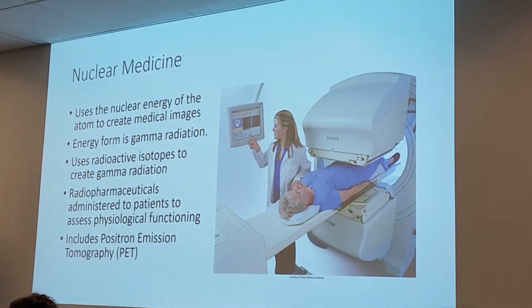And then we can detect that energy as it comes out. So radiopharmaceuticals, drugs which are radioactive, are administered to patients to assess physiologic functioning. Under nuclear medicine, we have a variety of things, including PET, positron emission tomography.